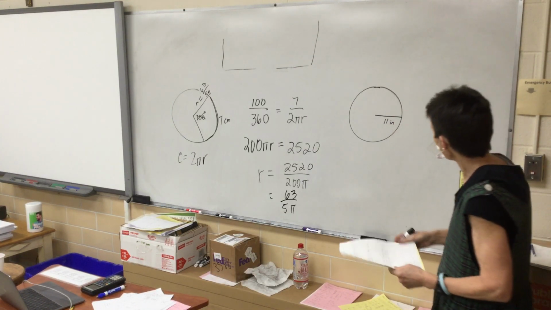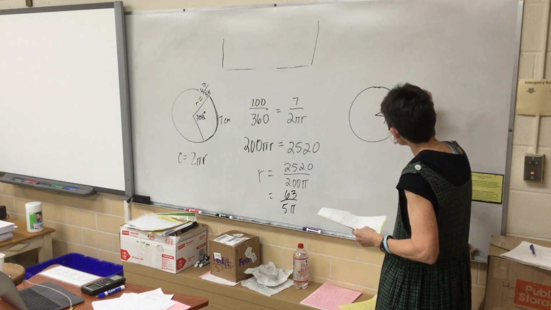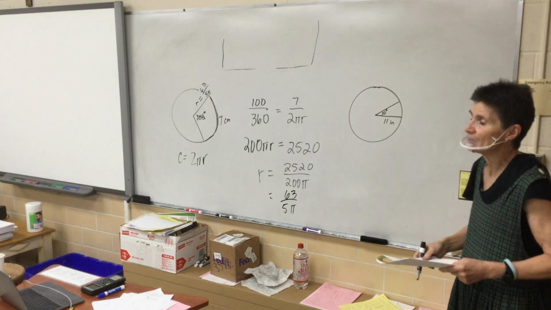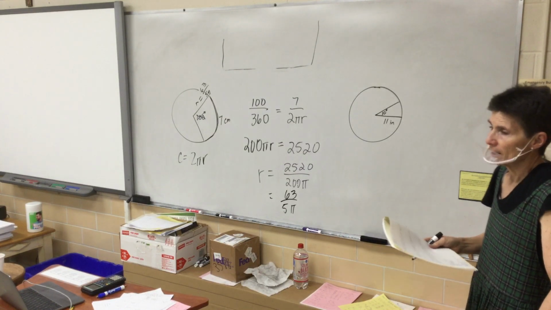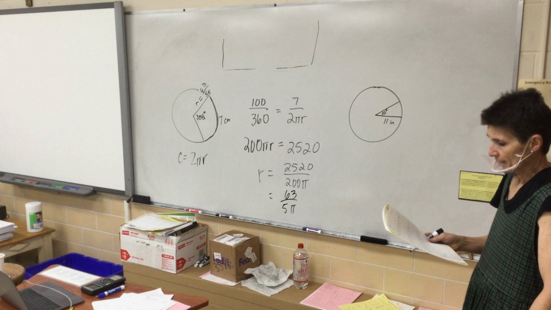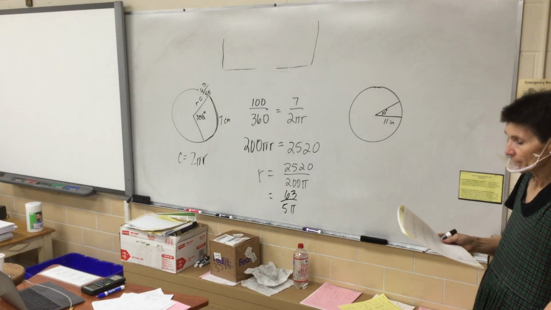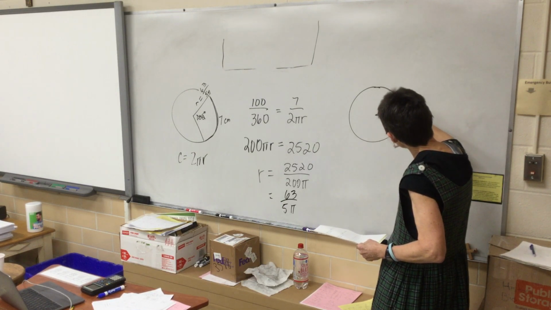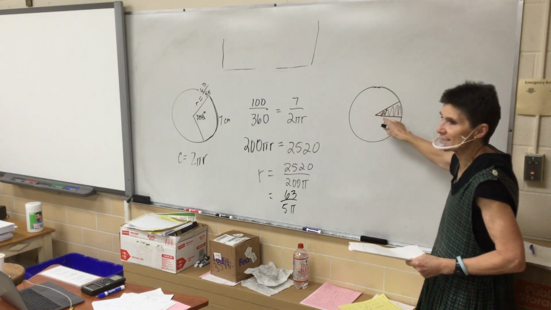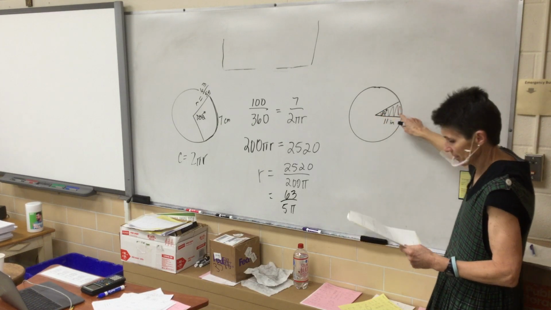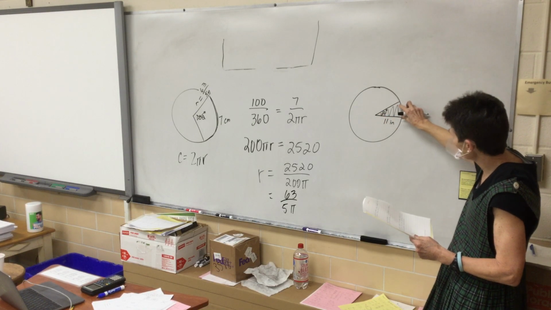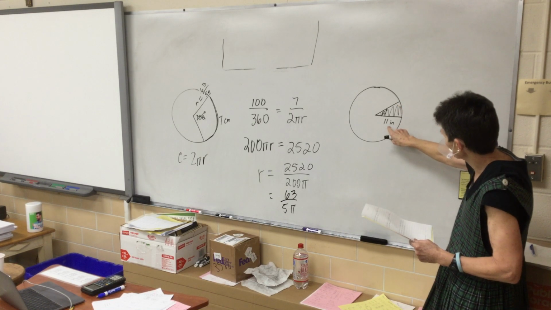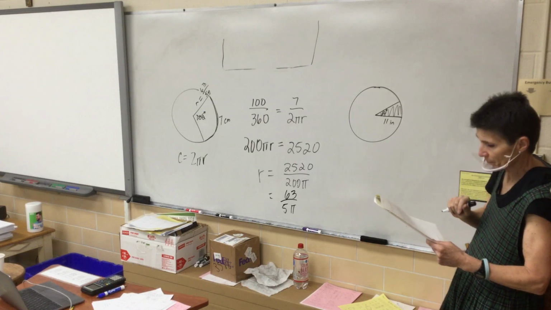And I'm going to cut out a 10-degree chunk, which is very small, so I'll make it a little bigger so I can write inside of it. The word sector means piece of the pie. So this is referred to as a sector, a piece of the pie. So here's my 10-degree piece of pie, cut out from this thing with a radius of 11 inches.